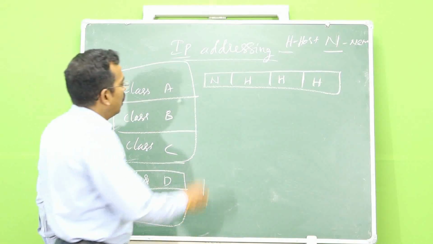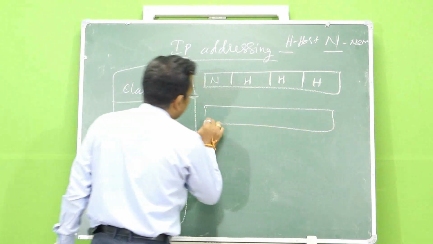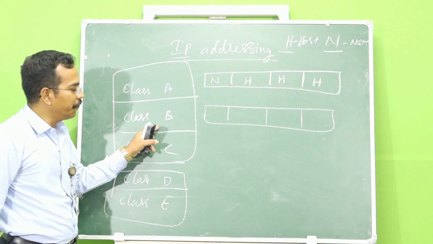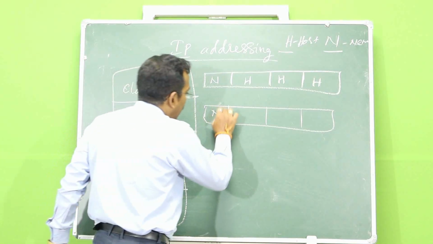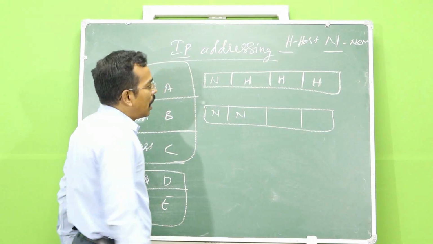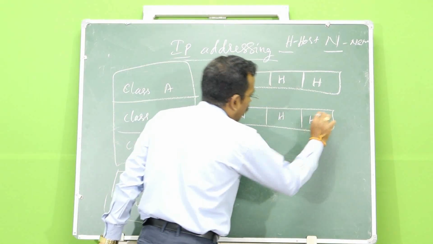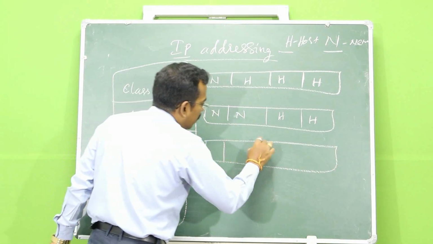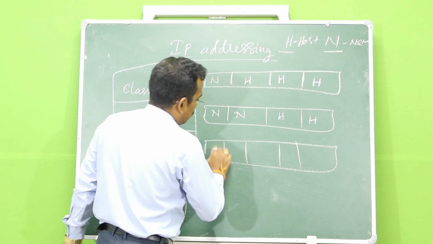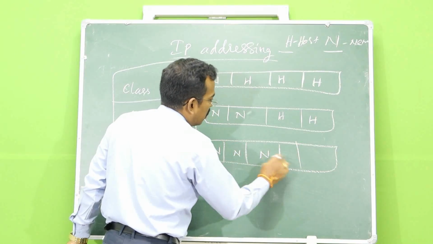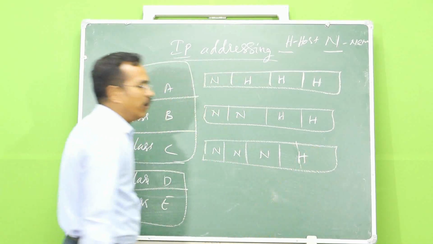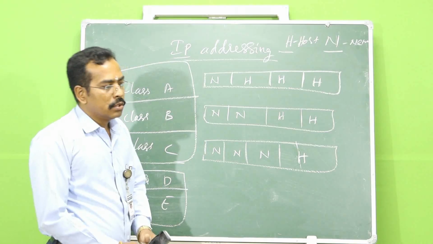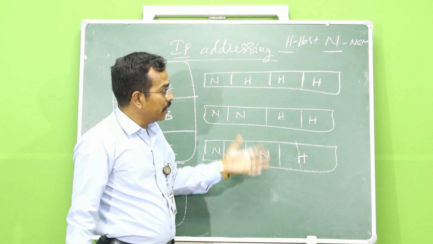In the case of class B, two 8-bits will be given for network and two 8-bits for host. Similarly for class C, three 8-bits will be given for network and one 8-bit will be taken for host. I hope you can calculate that.